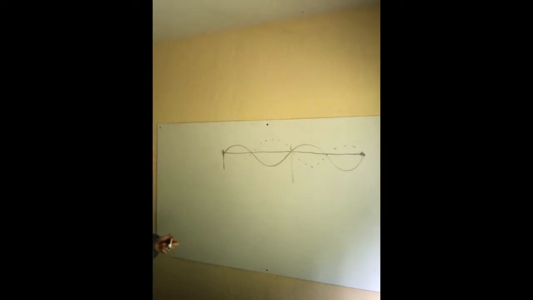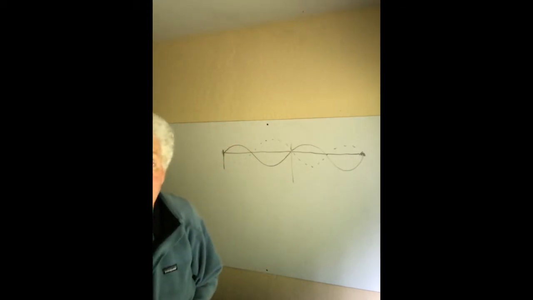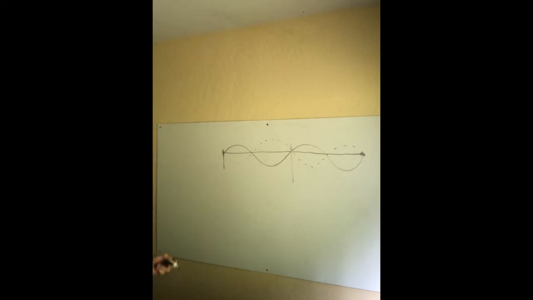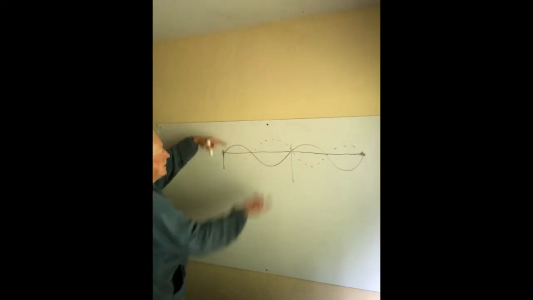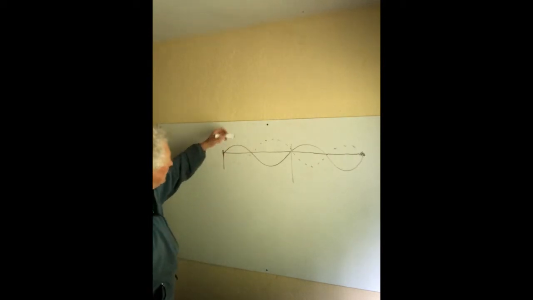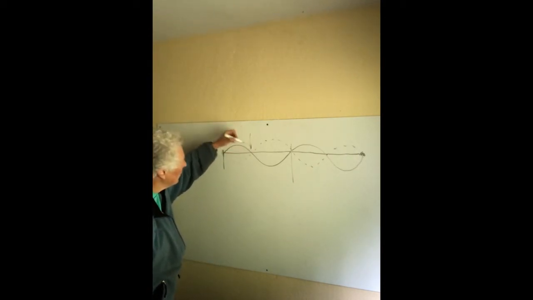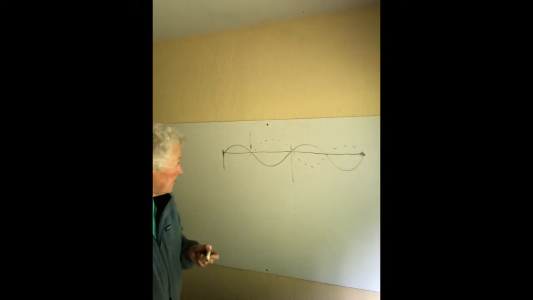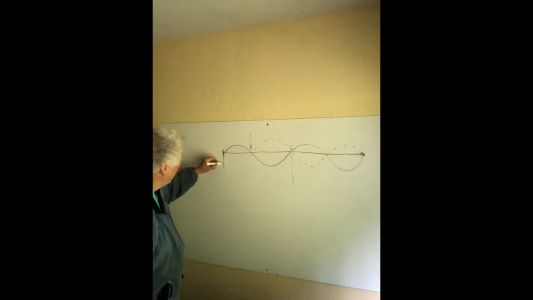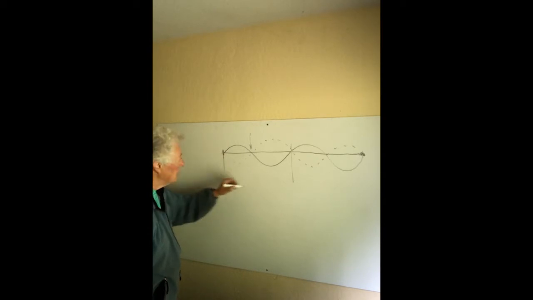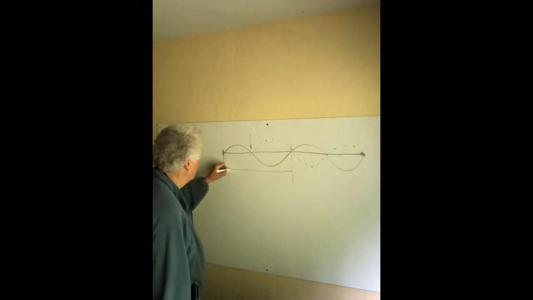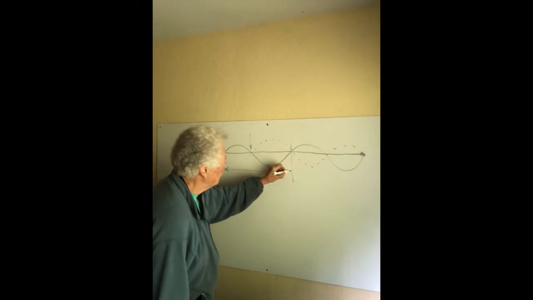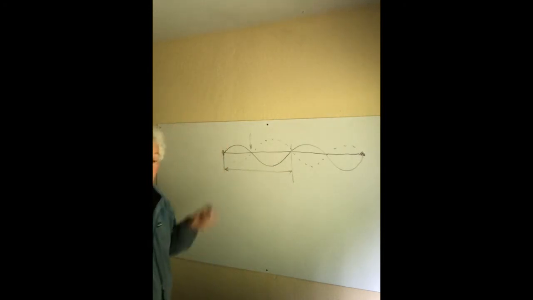And that's kind of my best picture, and I hope that you can see it. One instant it's up here, the next instant it's flipped, and it's going back and forth, and these little points where it's still are called nodes, and I think you saw that in the video from James Dan. So a wavelength would be from here to here, and physicists are so lazy, they don't want to write the whole word wavelength.